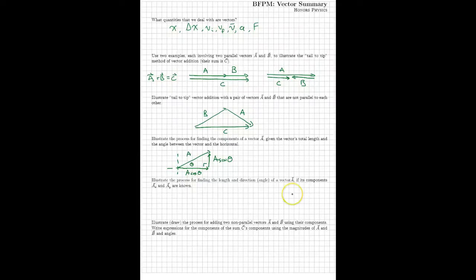Alright, so we have a vector a and its components are known this time. So let's say I know that ay is up and ax is to the left. So using tail-to-tip addition, just like we did over there, the total vector a is that way. Now this time, though, I don't know the angle. I could use either one. That would specify the direction, but I'll just choose that one.